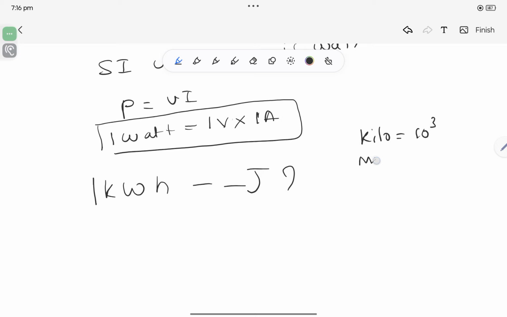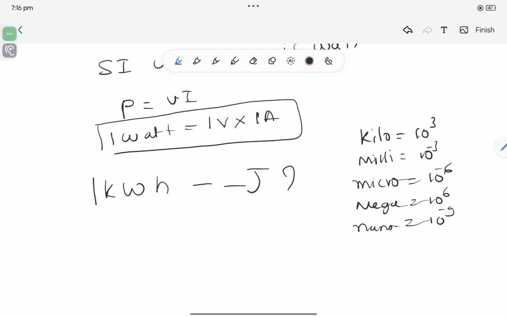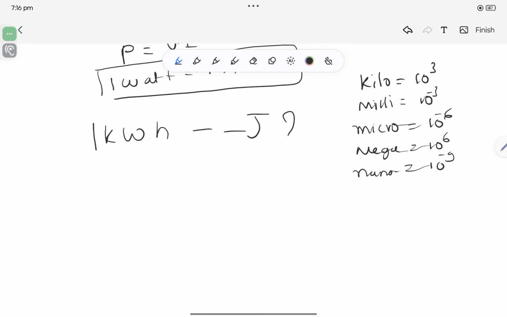Milli means 10 to the power minus 3. Micro means 10 to the power minus 6. Mega means 10 to the power plus 6. Nano means 10 to the power minus 9. Deca means 10 to the power 1.